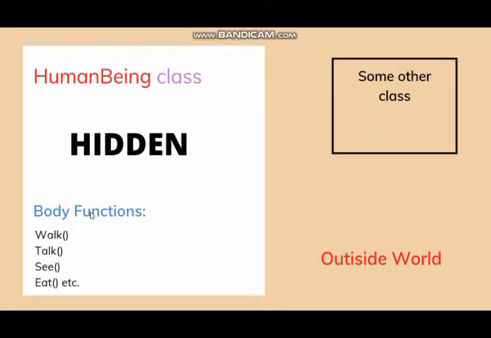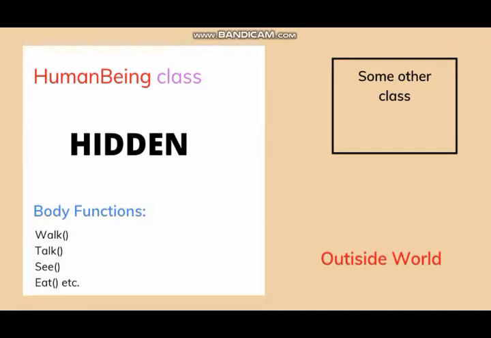It knows that the human being can walk, talk, and see, but it doesn't know how or what is used for walking and eating, because the details, the properties or body parts of the human being class, are hidden, showcasing only the required things to the outside world while hiding the inside mechanism from the outside world.